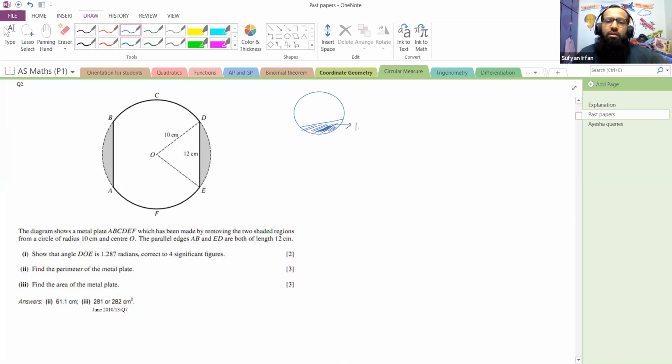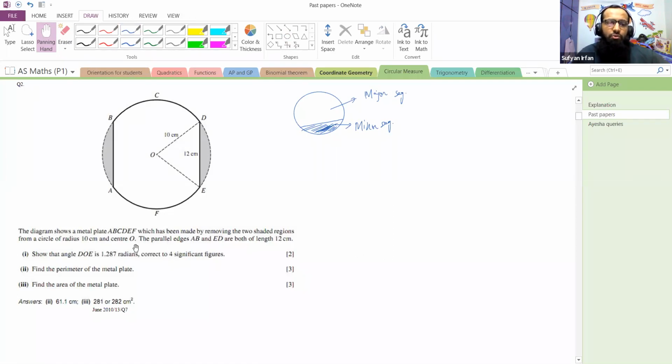The smaller one is the minor segment, and the bigger one is the major segment, right? This is particularly taught in IGs.